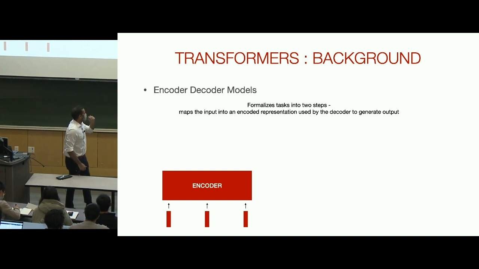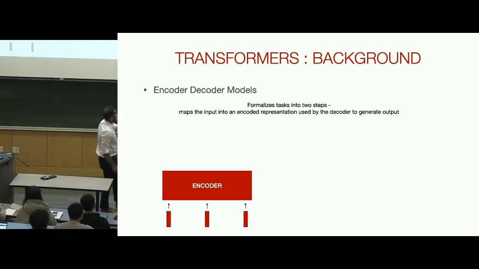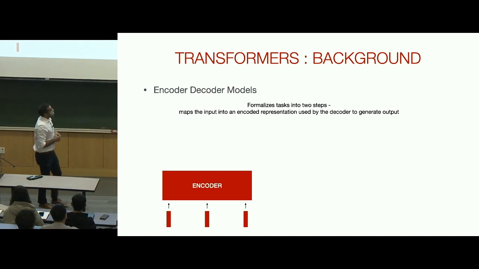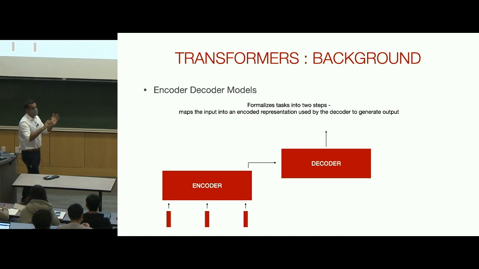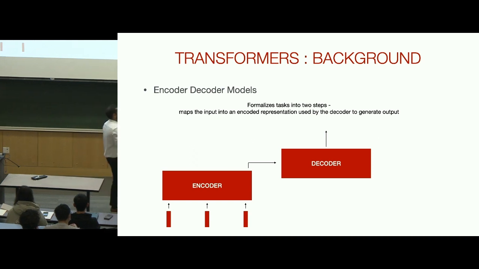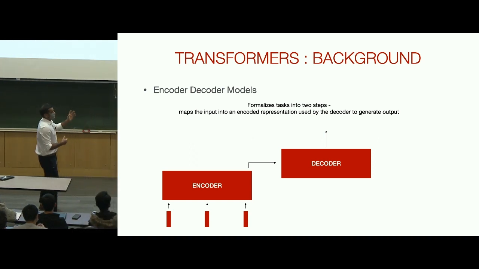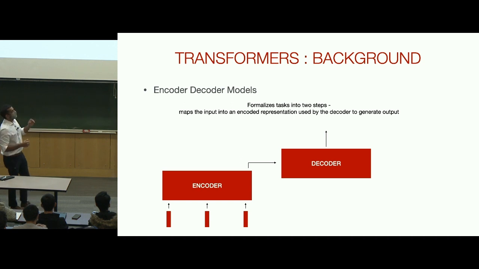The encoder in the last lecture was an LSTM, and the last hidden state was the encoded representation of the input sequence. And the decoder, the second part of the network, does the task of generating the output, using the final hidden state, the representation of the input, to generate the output.